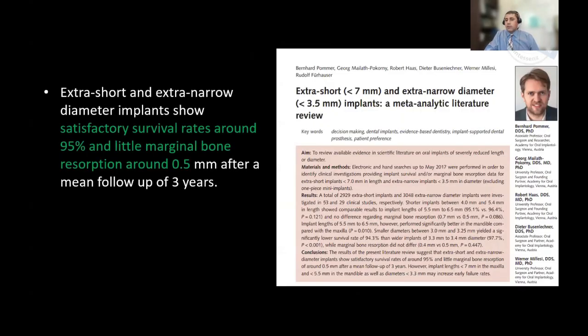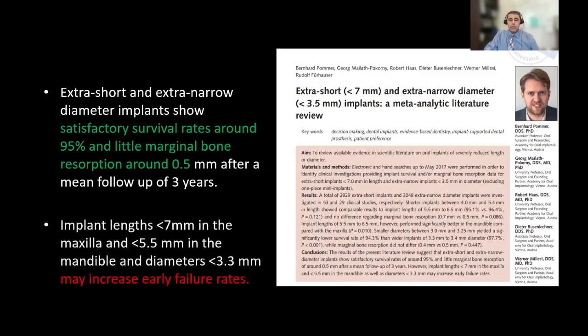Here's another systematic review that looks at extra short implants, less than 7 millimeters, and narrow implants, less than 3.5 millimeter, looking at their survival. And both will have a very high satisfactory survival rate, about 95%, with very minimal marginal resorption, 0.5 millimeter or less in the first 3 years.